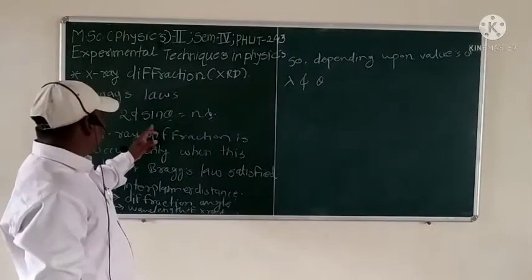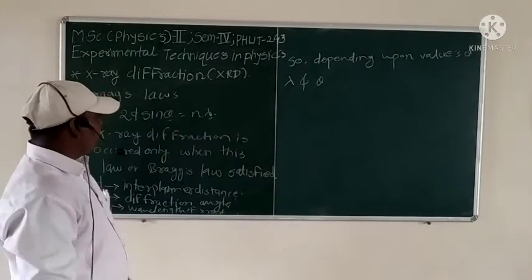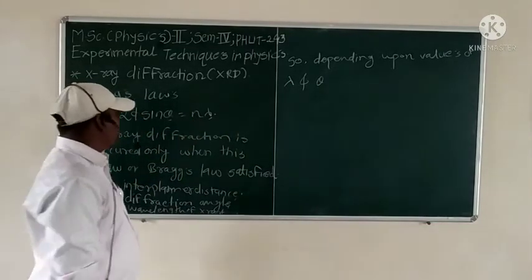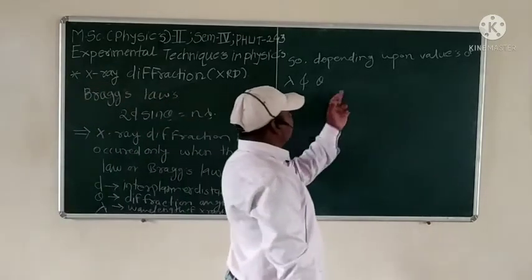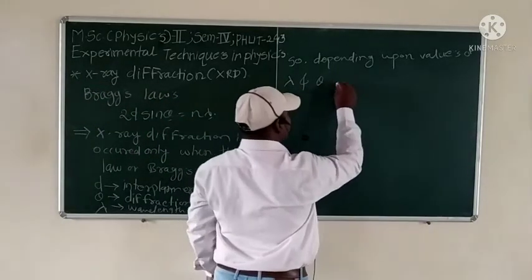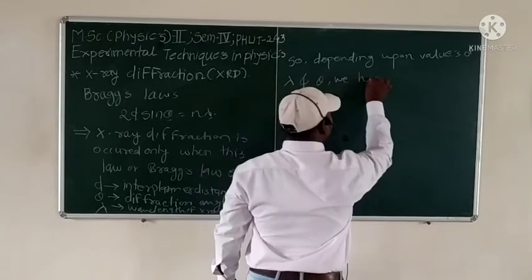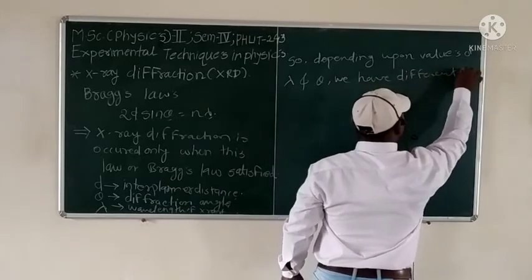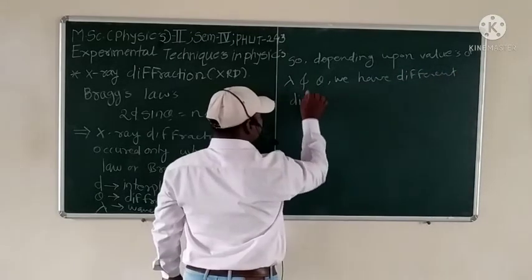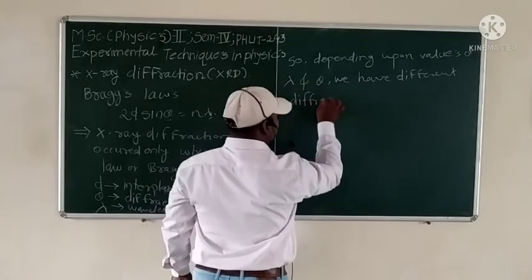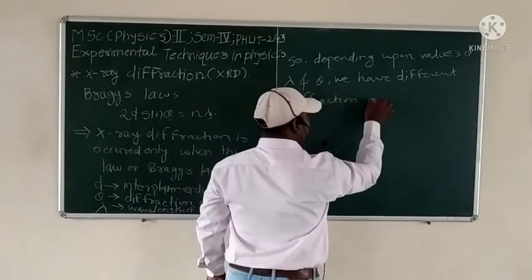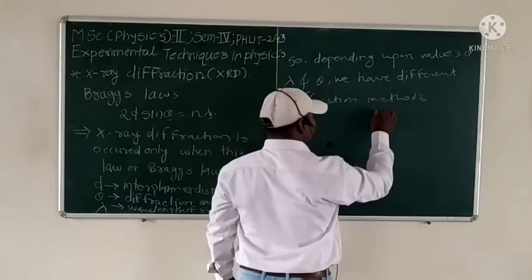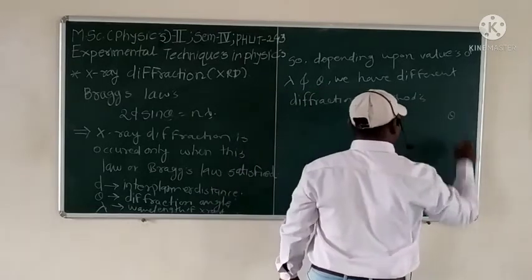So we are left only with theta and lambda. The n is an integer; we can take any integer value for n. So mostly depending upon the values of lambda and theta, we have different diffraction methods.